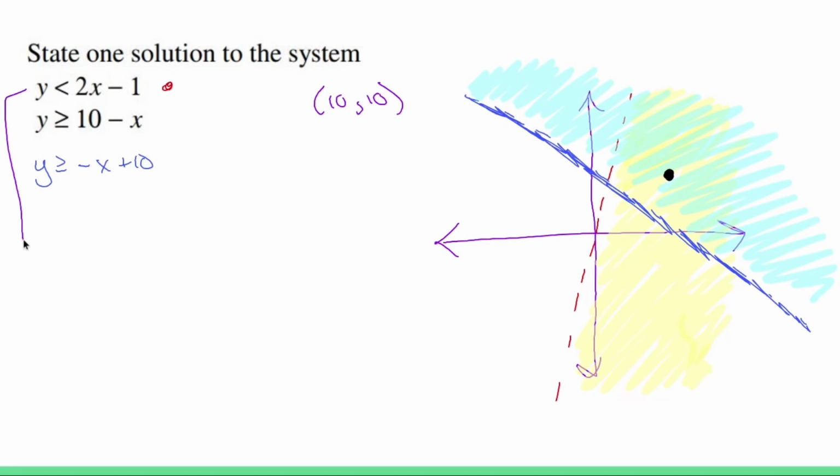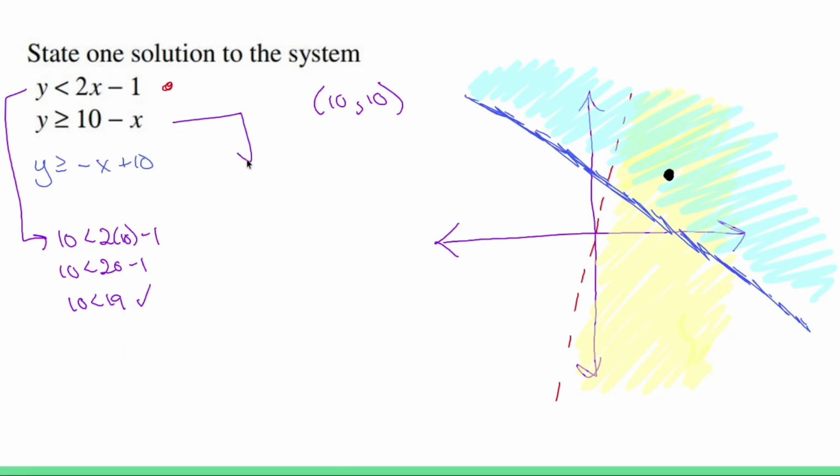If I plug 10, 10 into that top equation, I get 10 is less than 2 times 10 minus 1. 10 is less than 20 minus 1. 10 is less than 19. Check.